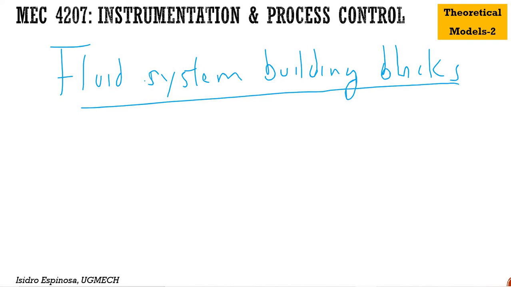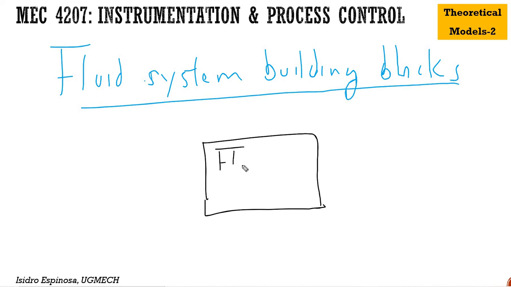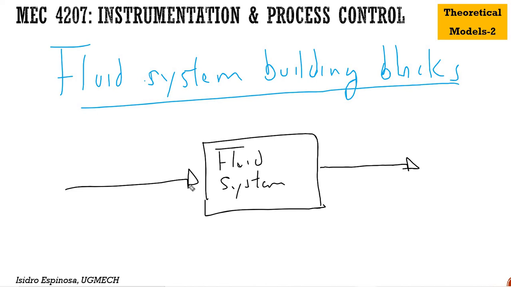So if we're thinking about a block, or a box where we have the fluid system, or we're building the fluid system block to make it easier, we know that we have input and output.